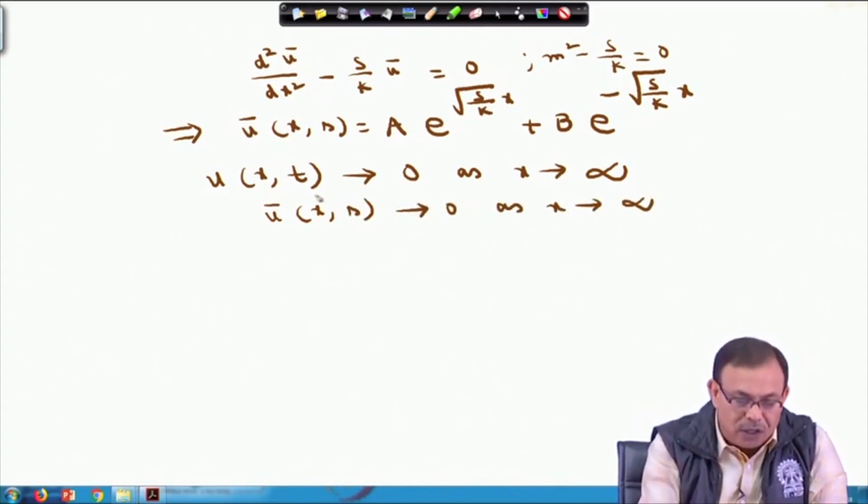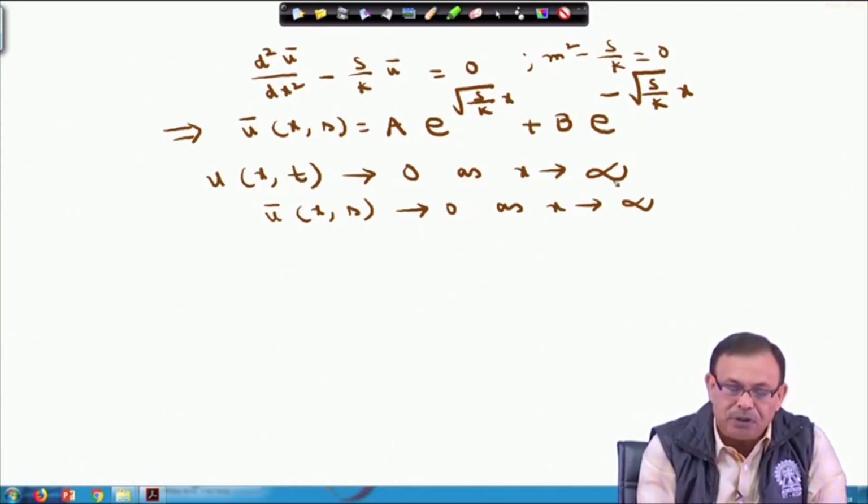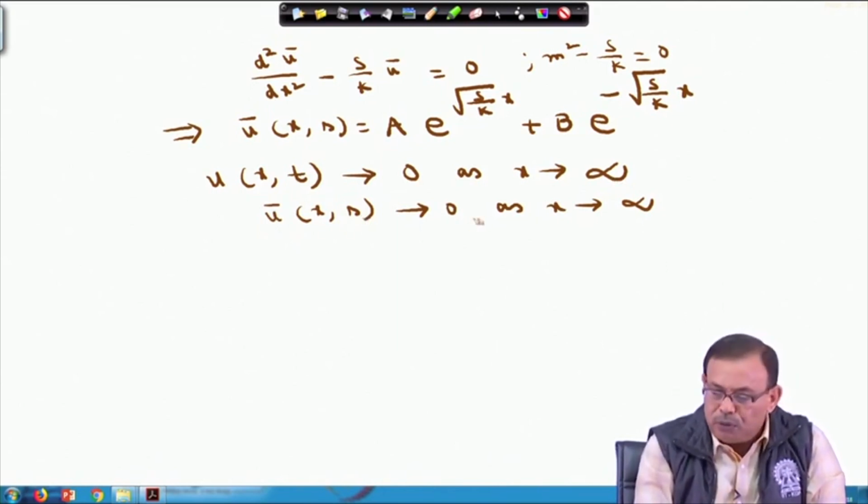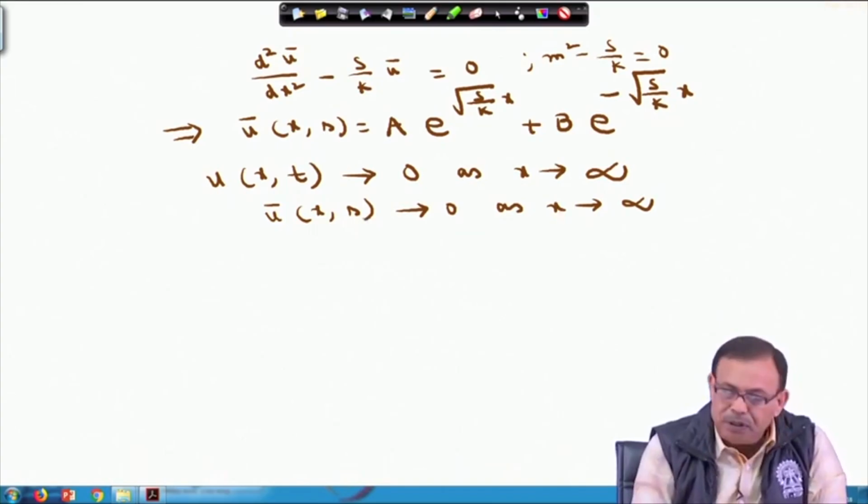So, from here one condition I am taking: u(x,t) approaches 0 as x approaches infinity, because u(x,0) was 0 whenever x is greater than 0. If I take the Laplace transform, then u bar(x,s) will approach 0 whenever x approaches infinity.